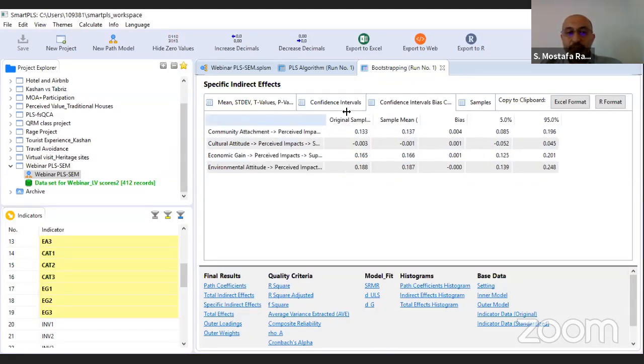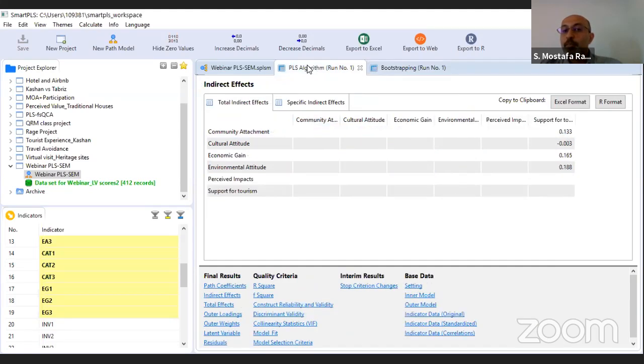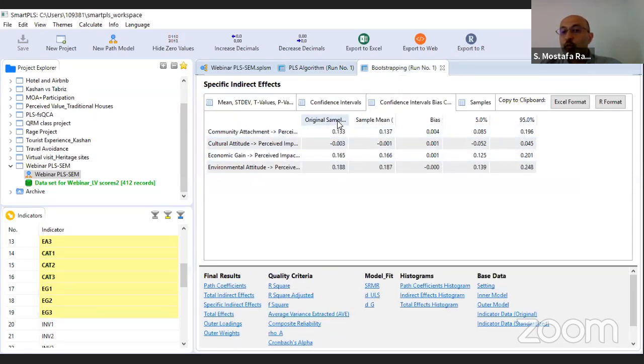So here you have these four indirect effects. We got this indirect effect in the first part in the PLS algorithm analysis, so these are exactly the same as these four indirect effects. Here we have the lower level and upper level of confidence interval bias corrected.